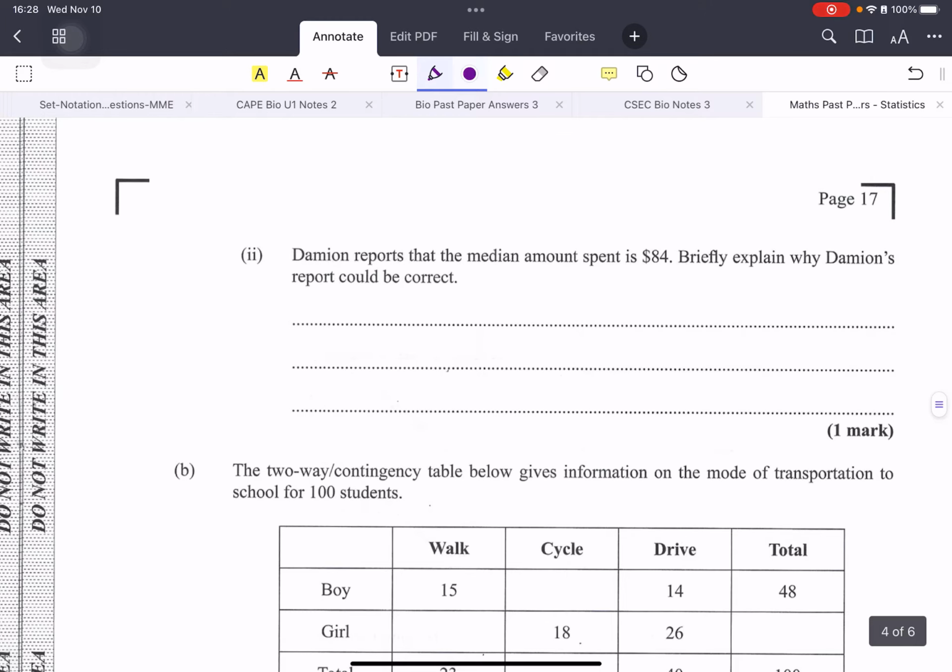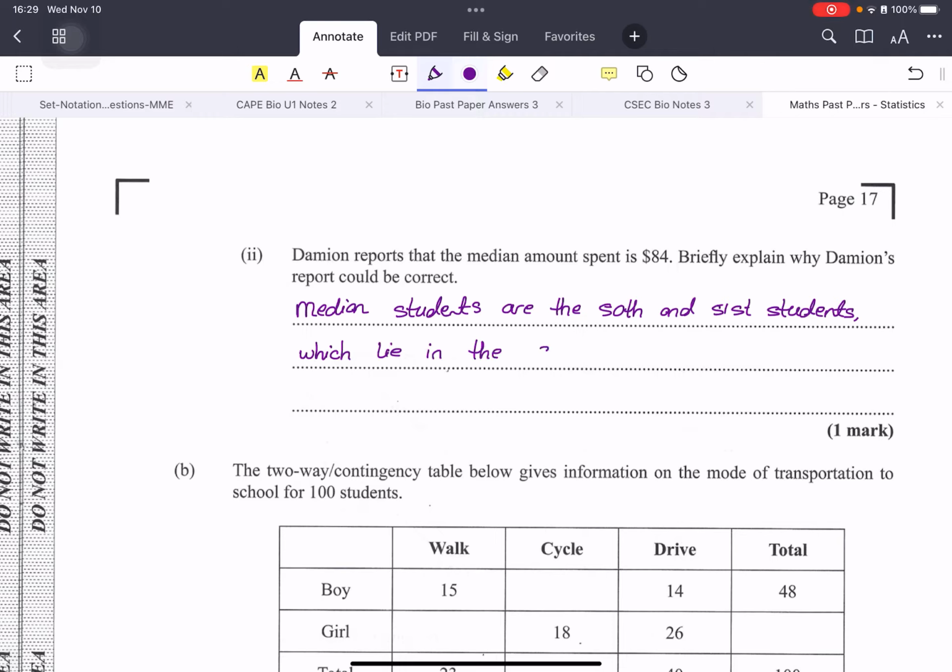Alright, so I'll just give you a quick rundown. The median students are the 50th and 51st students, which lie in the 80 less than x less than or equal to 90 class.